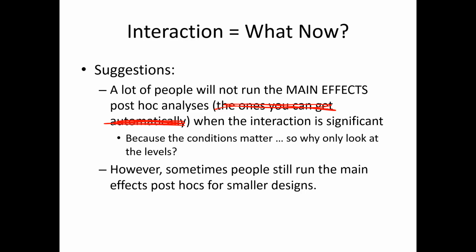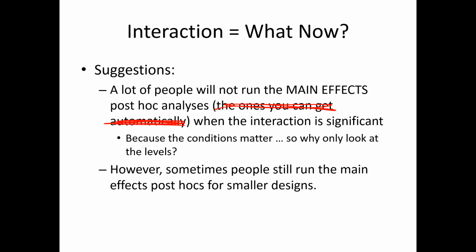And if the conditions are what's important, why am I analyzing one variable at a time? But sometimes people say, well, I still want to know what happens when that variable occurs in isolation. I'm in the camp of just run the interaction because that's the important part anyway, but you will see it both ways.